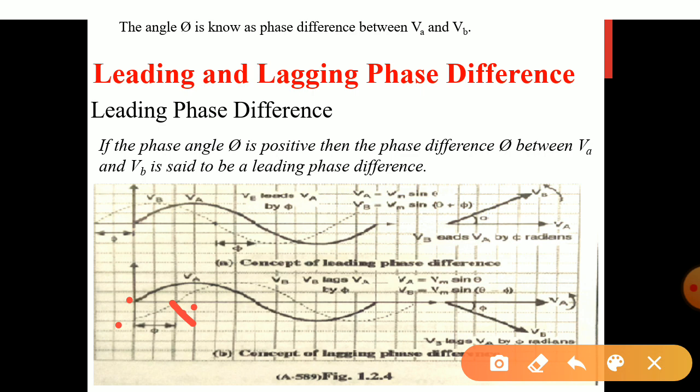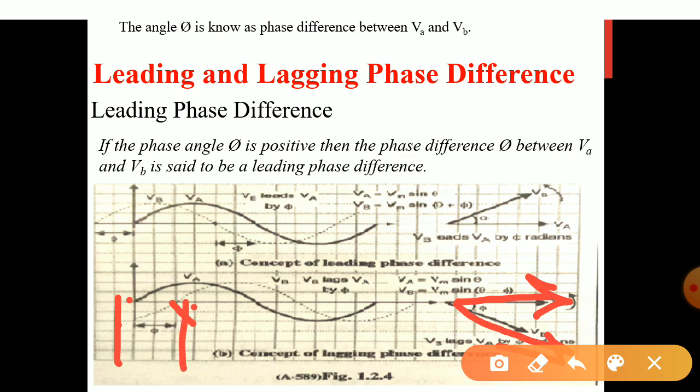Now to draw their phasors, as VA is starting from 0, we first draw VA on the x-axis. VA and VB magnitudes are the same, so we start drawing VB from here. How much angle is it lagging? Phi angle, this much angle, less than 90.